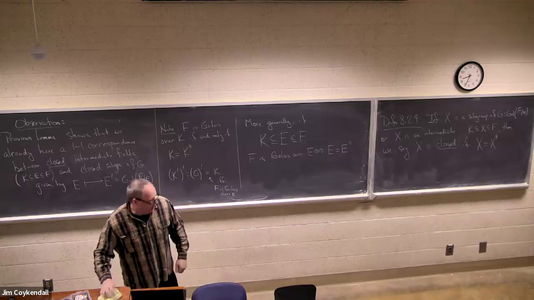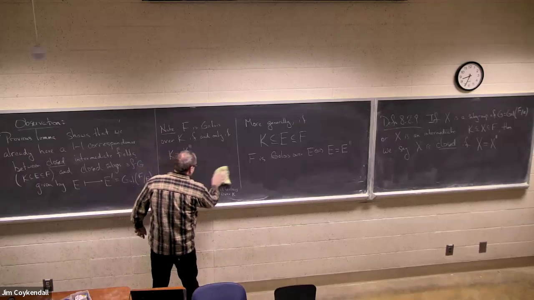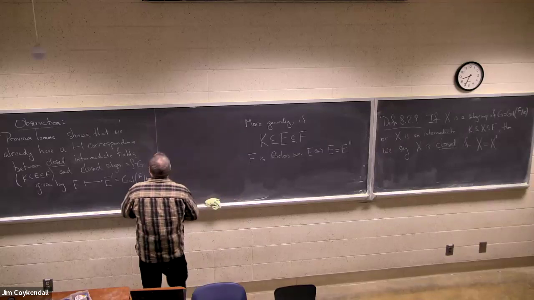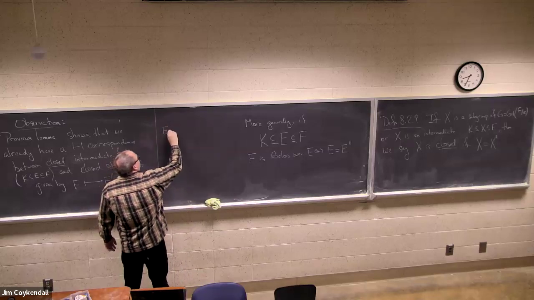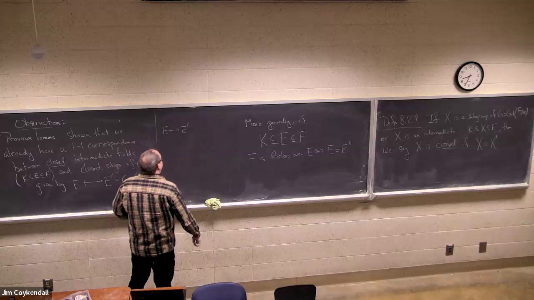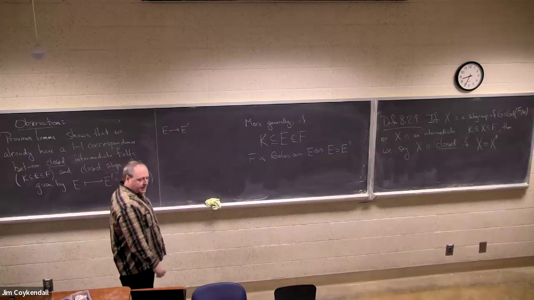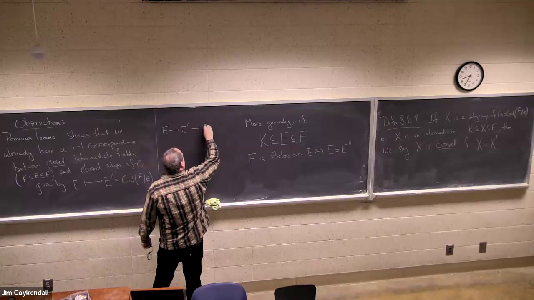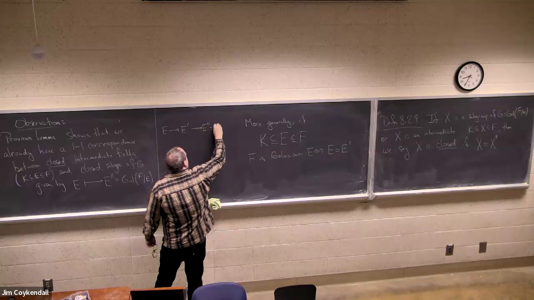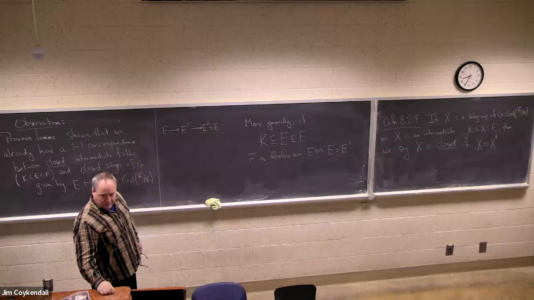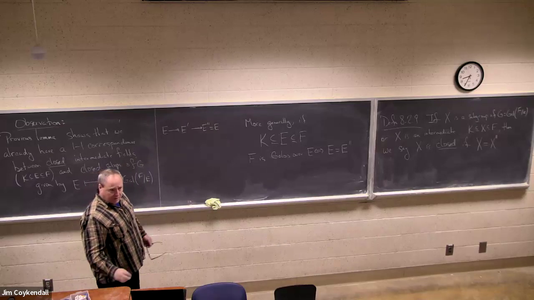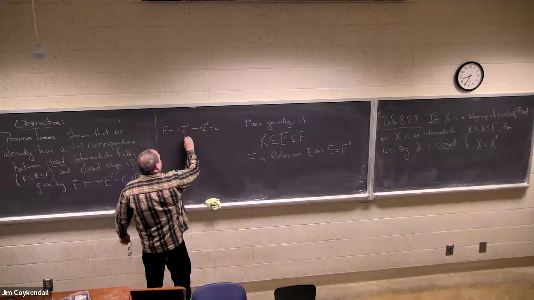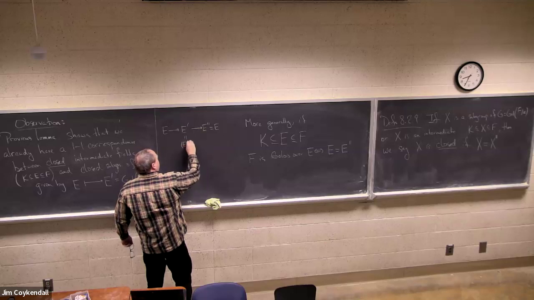So our strategy. If E goes to E prime, and then you compose it further, then that composition gives you, and of course, notice that this is closed, right? Because this is equal to E prime prime prime.